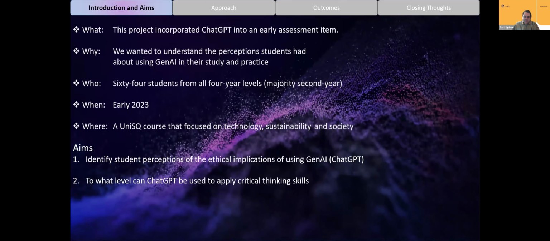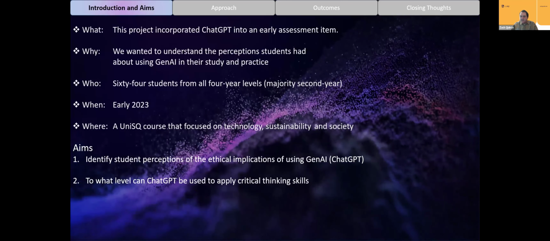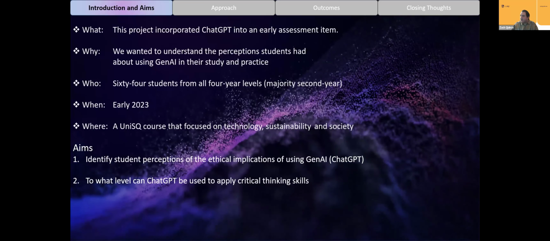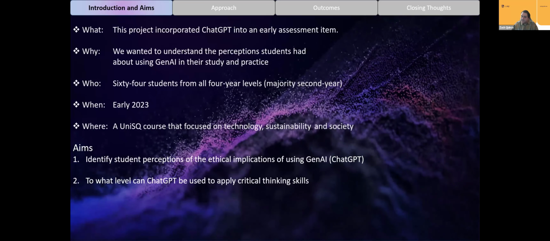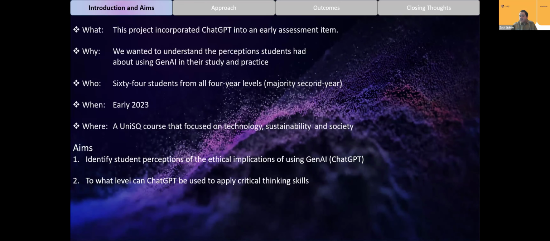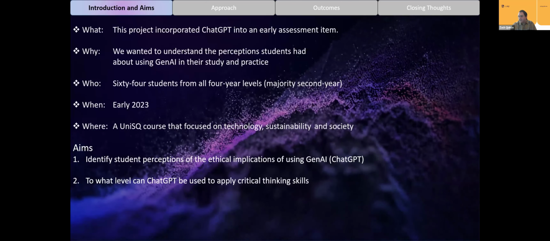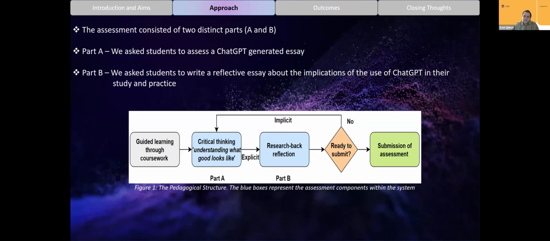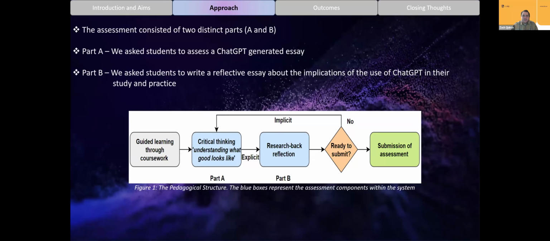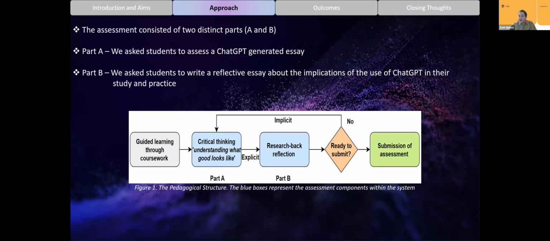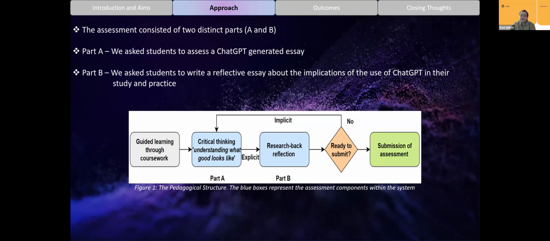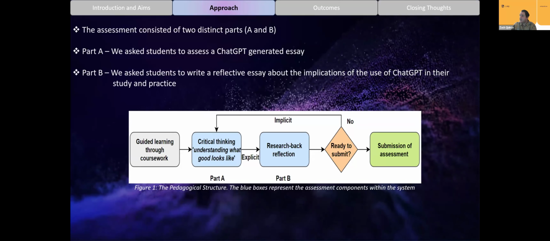So the project had 2 aims. The first one was to identify the student perceptions of the ethical implications of using GenAI, specifically ChatGPT. And then also, to what level can ChatGPT be used to apply critical thinking? The assessment consisted of 2 distinct parts, part A and part B. In part A, we asked students to assess a ChatGPT generated essay.